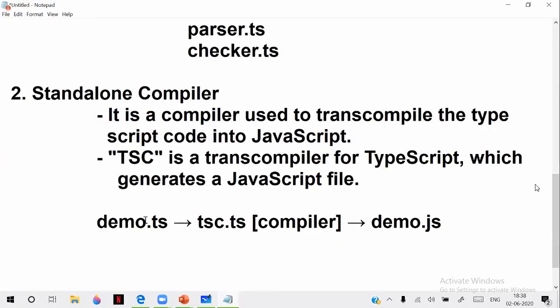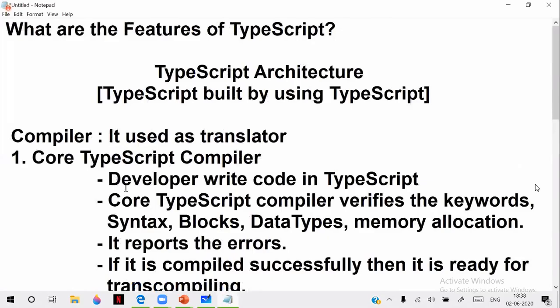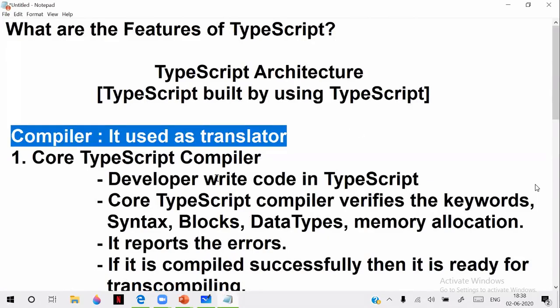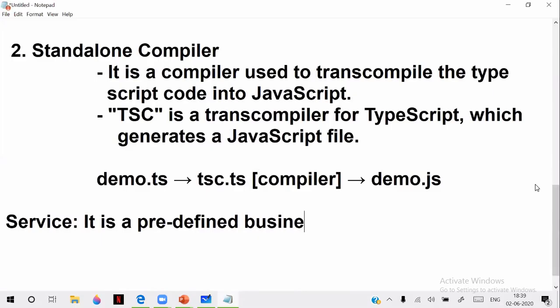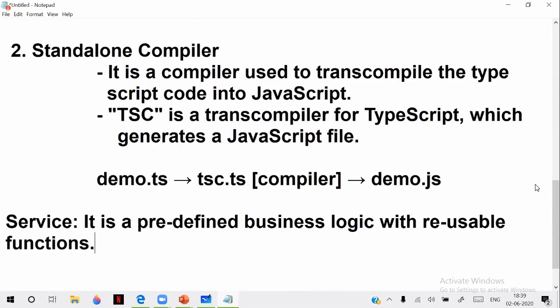We have a language service. The compiler is used for that purpose. Another one, we have a service. A service is a predefined business logic with reusable functions.